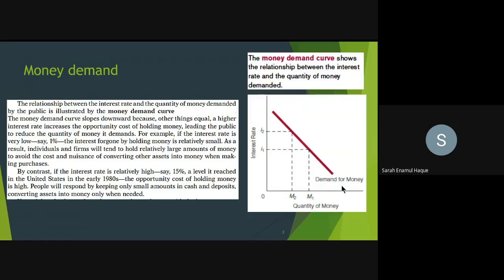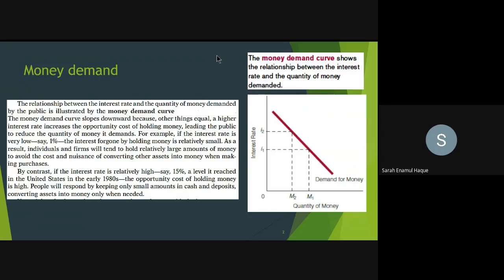So in the x-axis you have quantity of money, just like for demand for goods and services. But in the y-axis we don't have price. Instead of price we have interest rate. That's because the price of money is interest rate. Now it's a curious thing to say. Why am I saying the price of money is interest rate?